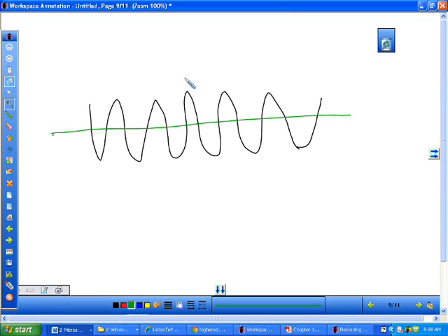And we'll say that it cuts it up right there. And then what if I gave you this value right here? And I tell you that it's 6 pi over 5.